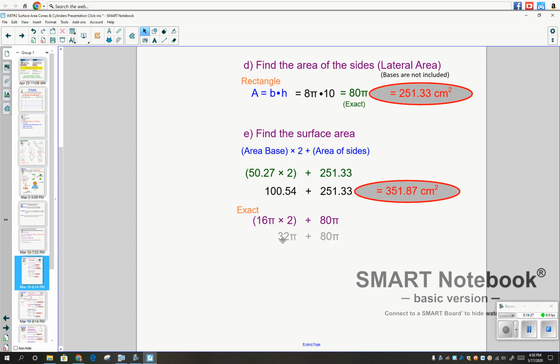Multiply the numbers to get 32 pi. Add 32 pi plus 80 pi. I'm just adding the numbers in front, and I end up with 112 pi, which, because of rounding, is 1/100th off of this answer. And like I said, Schoology will accept any of those answers.